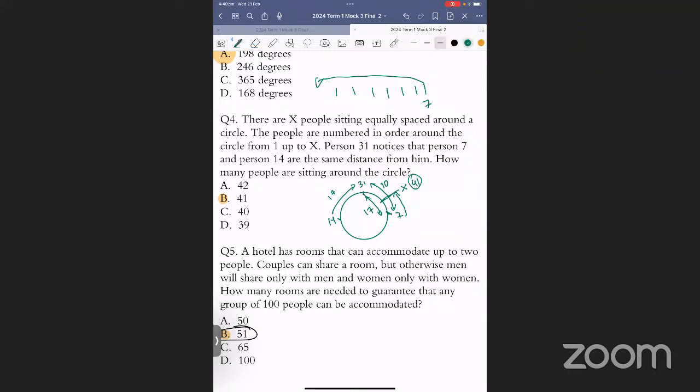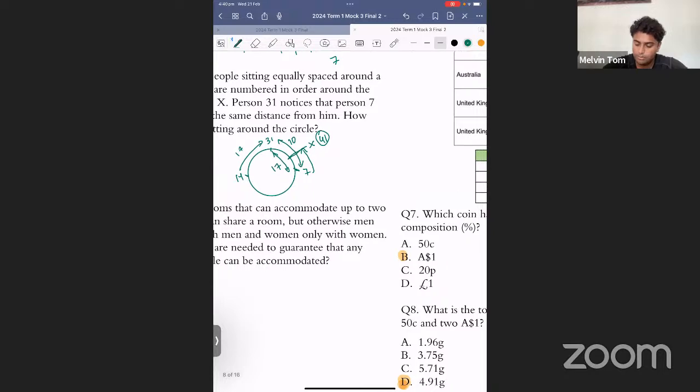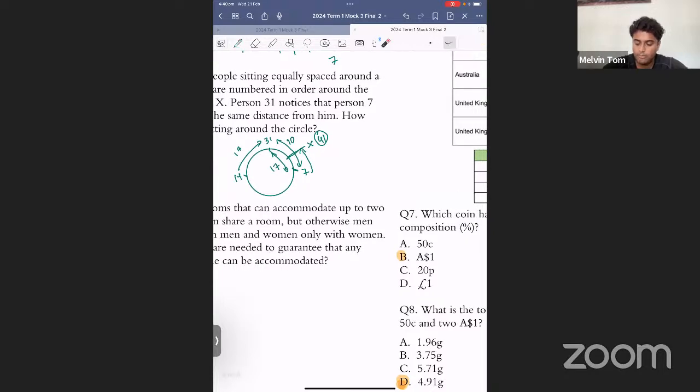41. Makes sense. How is it like 10 people in between? I wasn't really sure when you explained it. That's why I asked right now. Right. So as in, do you understand how we got the numbers 10 and 7 from?